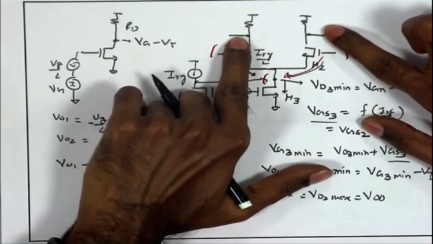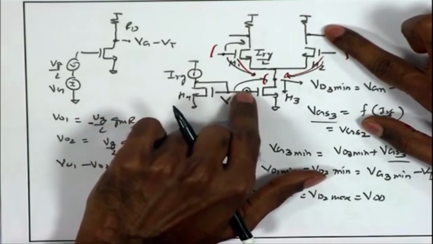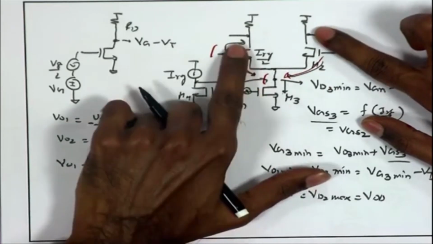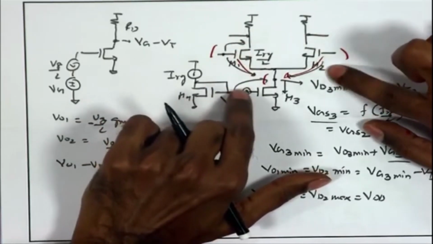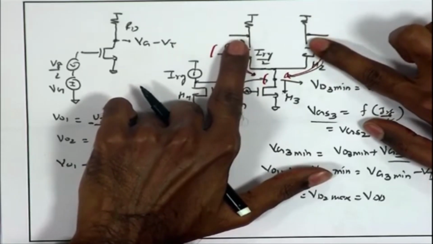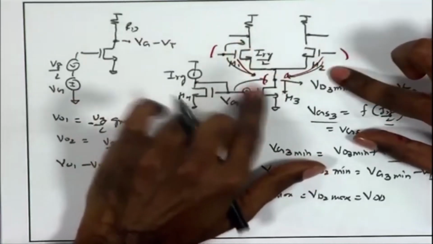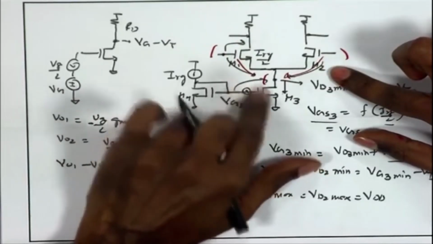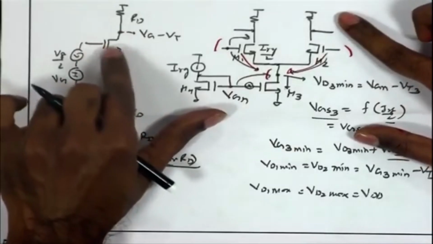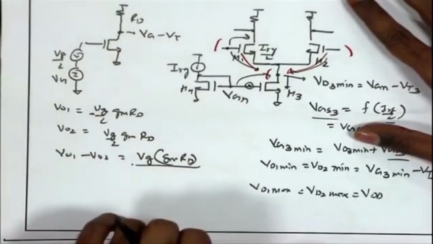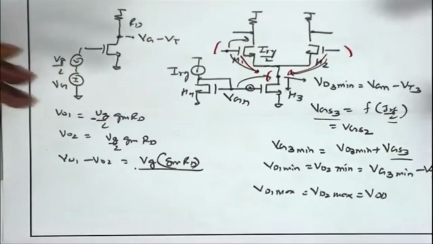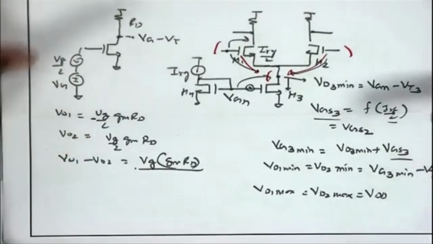Therefore, we do not really need to consider the effect of the equivalent noise voltage of M3 on the two outputs, because the same noise source produces the output voltages at this point. We can ignore the equivalent input referred noise of M3 and just be concerned about the noise of M1 and M2 to the first order. So, this is regarding the DC, small signal swing and the noise analysis of the differential amplifier with resistive load.